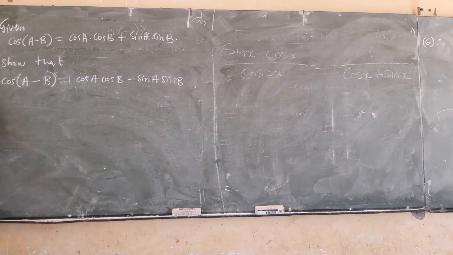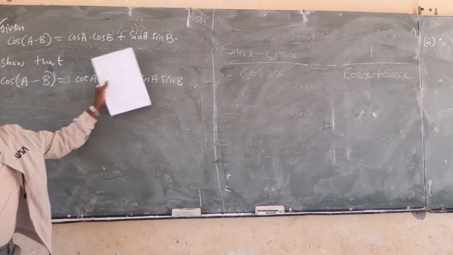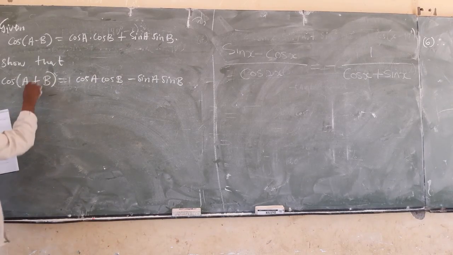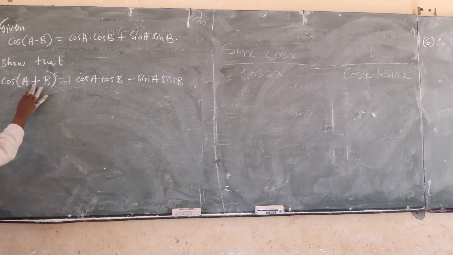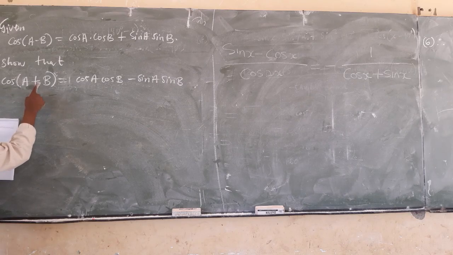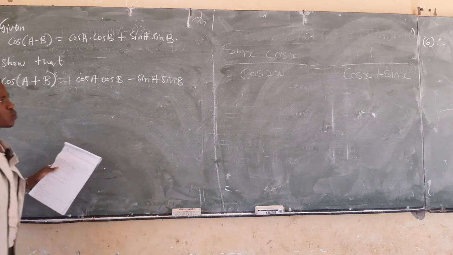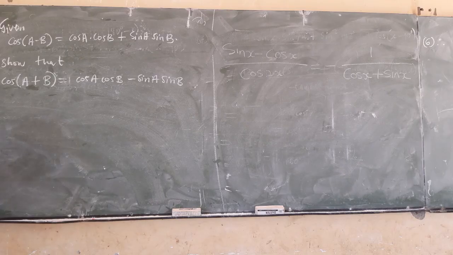They say 2 marks. Given this information, show that cos of A plus B equals to this one. And then given that, you should use what is given to do that.